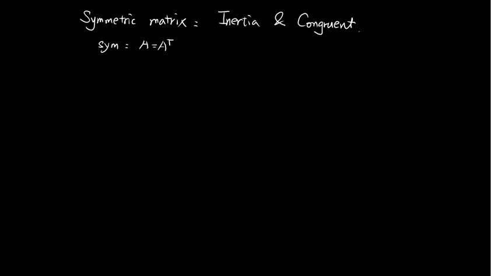On the other side, you can talk about Hermitian. Hermitian means that A is the same as A star, and here star means the conjugate transpose. And so from now on, we will focus on the real symmetric matrices.